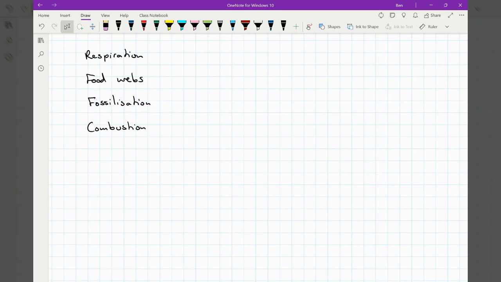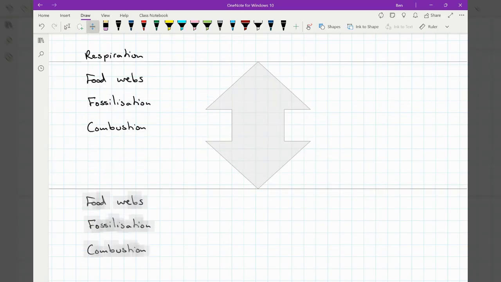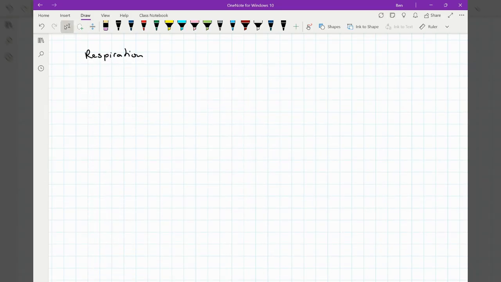Another really important one then is respiration. So this releases the energy and puts it to work. And we have two metabolic processes. We have aerobic respiration, which is in the presence of excess oxygen.